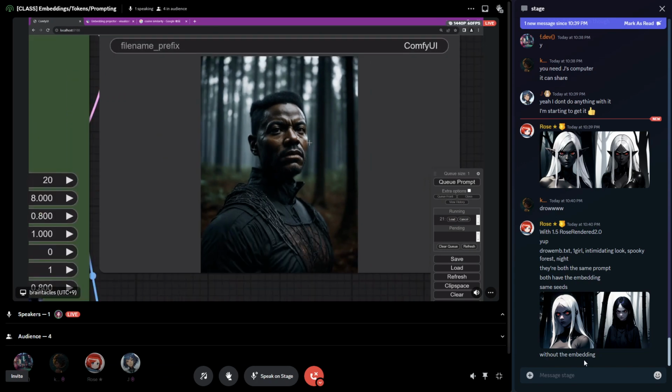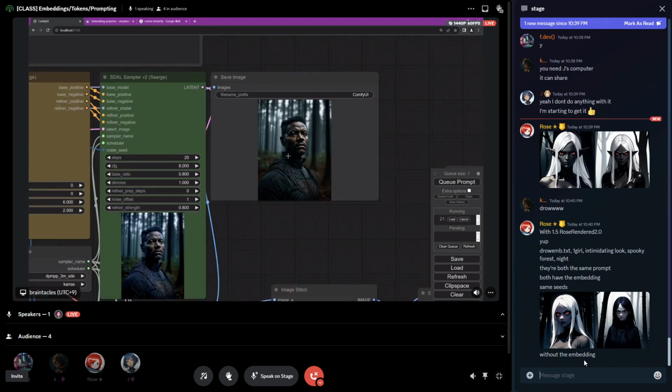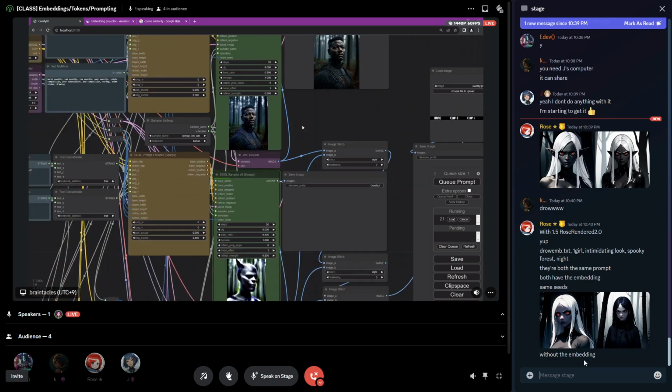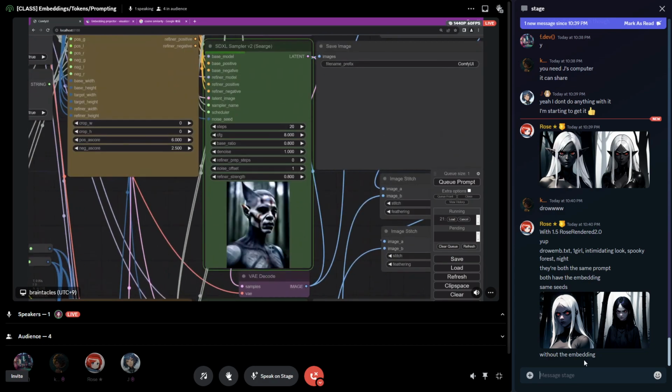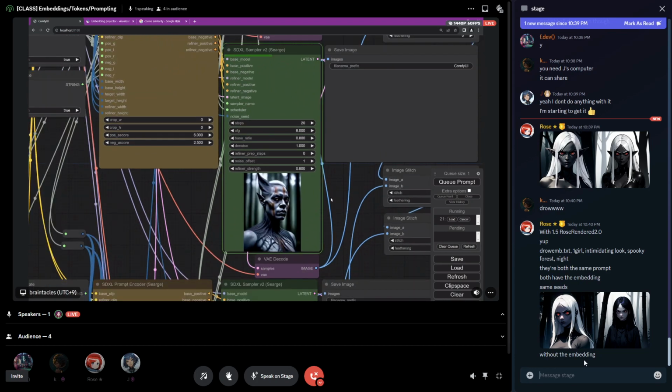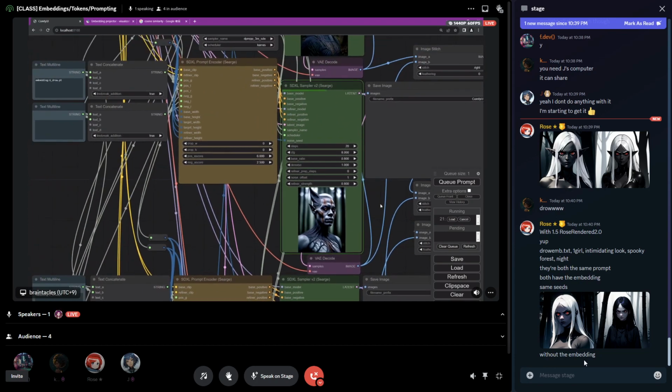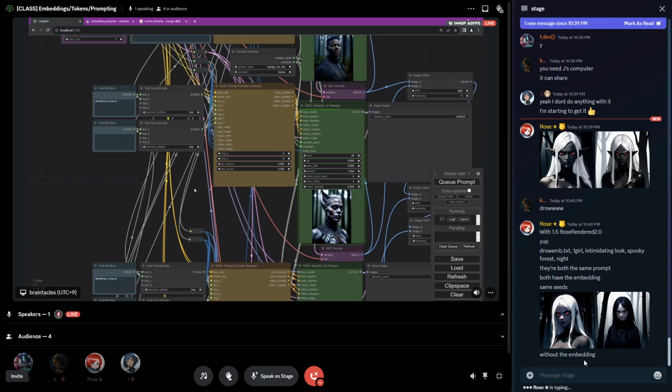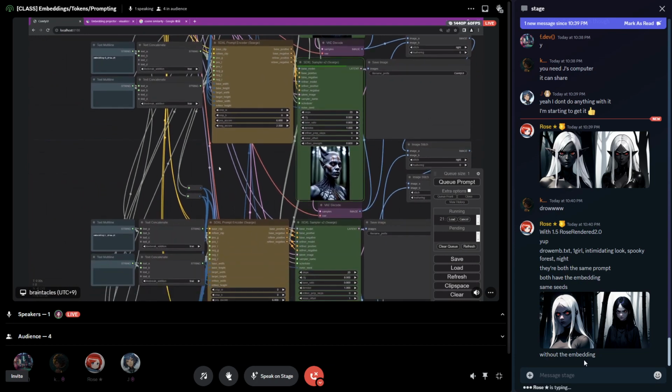We got a fine gentleman here, just looking for pointy ears and white hair. Oh, it's starting to take shape. That's the interesting part. As I said, the way the embeddings work on the G and L is very interesting, and when you combine them, they sort of try to either stabilize each other or totally make a chaos.